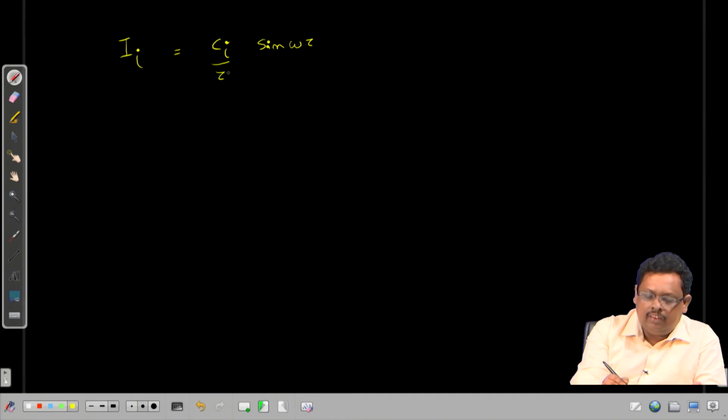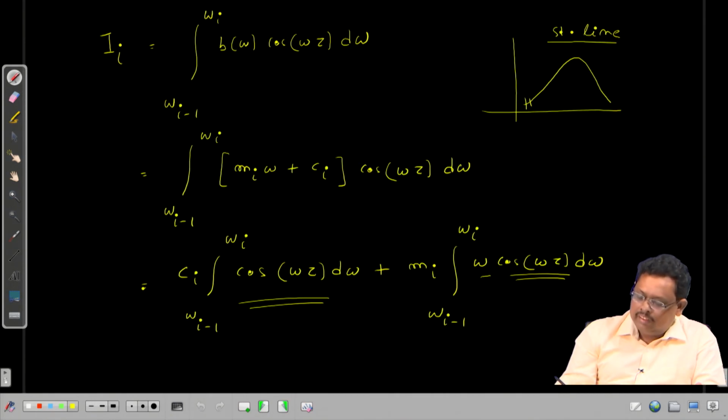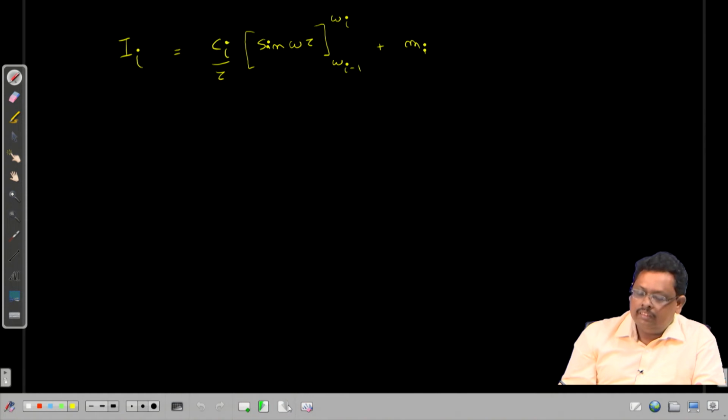So, I just write τ over here, and then it is from ω_{i-1} to ω_i, and then it is plus, then I have m_i, and then this. So, you take this as the first function, second function, and then you can carry on.